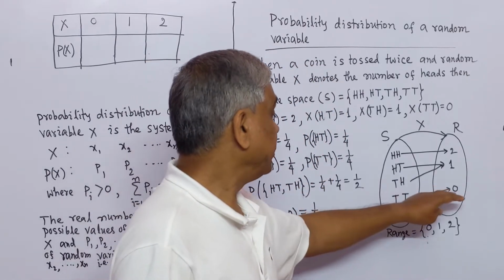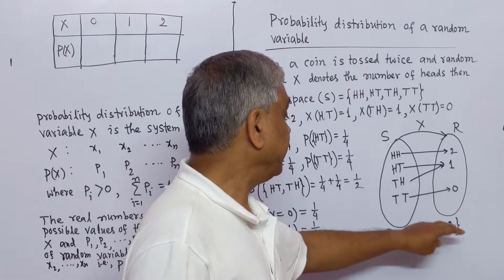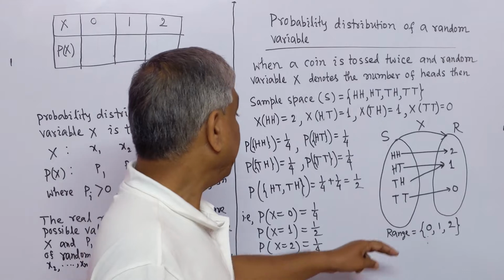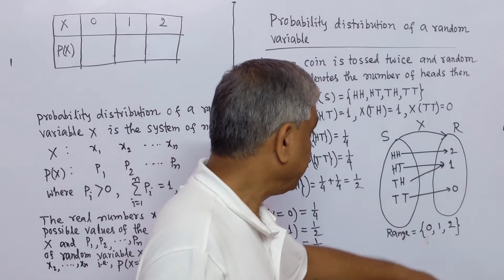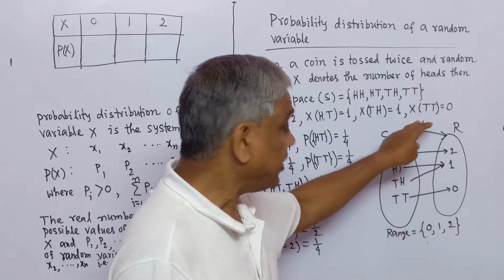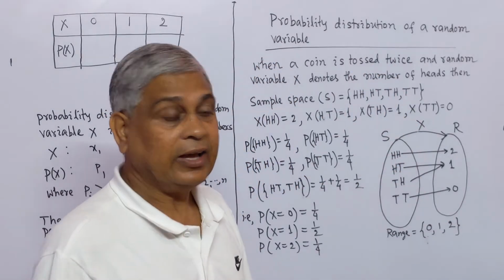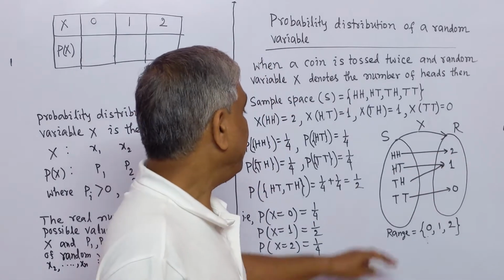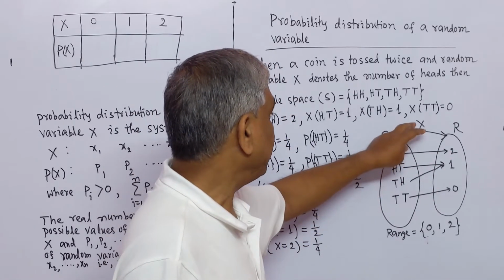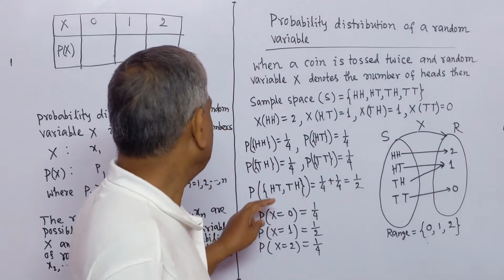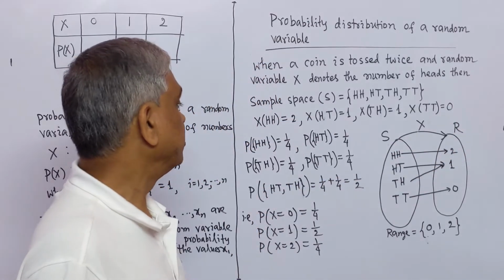Now the range is a set containing the real numbers 0, 1, 2. Here we see that these are the values of the function X. Here X equal to 2 means the functional value X(HH) equals 2.